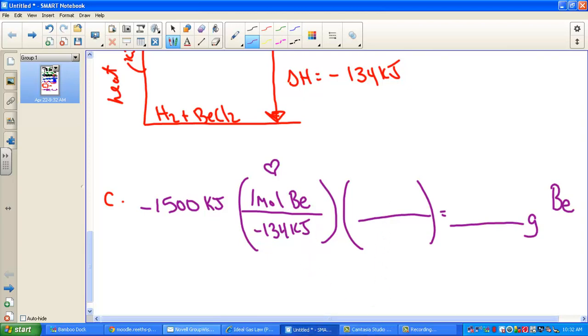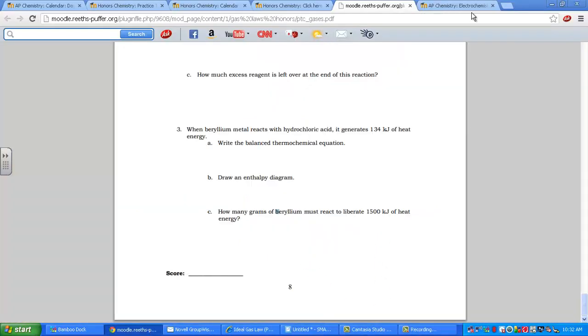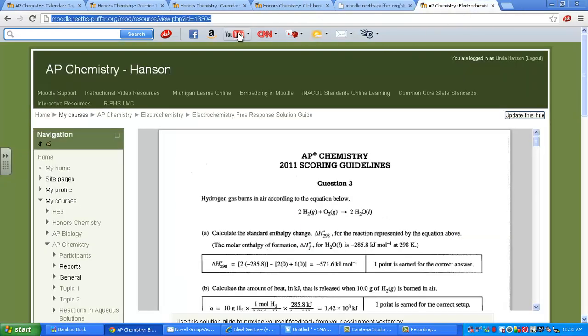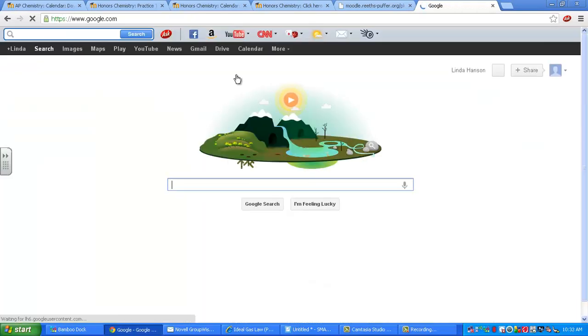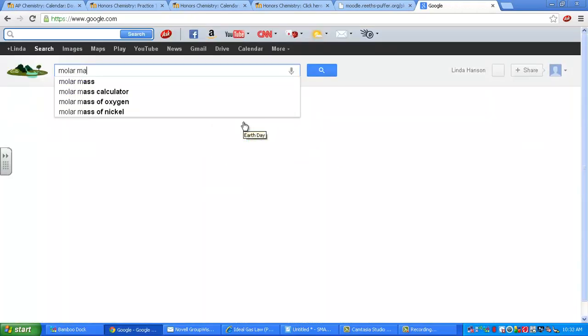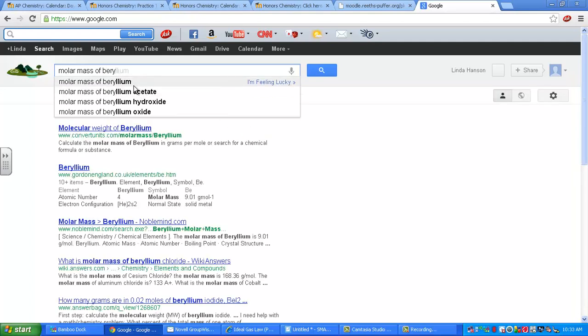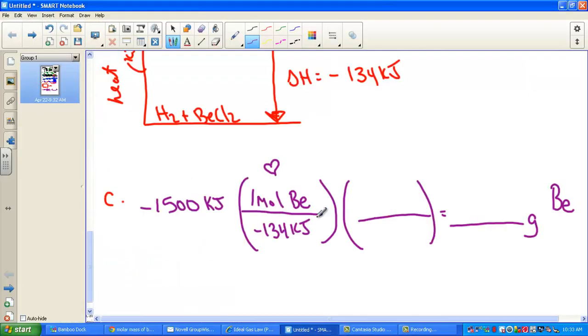We need a molar mass for beryllium. Do you know that one by heart? Let's find it. You're probably much faster. Molar mass of beryllium. Let's say 9.01. See it right there? 9.01. You probably rounded to 9. So I had to look that up. I didn't know that one by heart. So 9.01 or just simply 9.